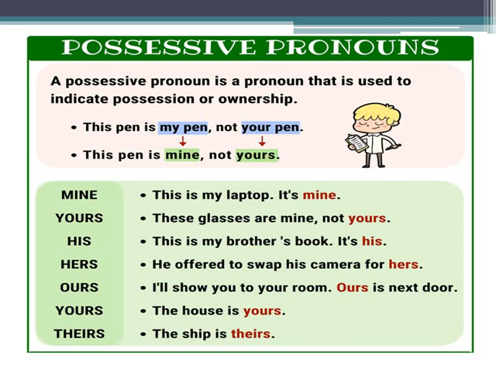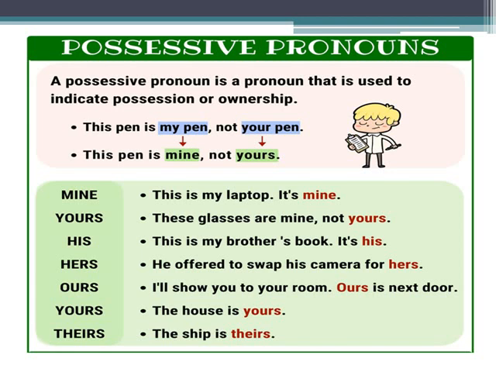Now the last type of pronoun is possessive pronoun. They show possession or belonging. Some of the possessive pronouns are mine, yours, his, hers, ours, yours, and theirs. For example, which of these pens is yours?